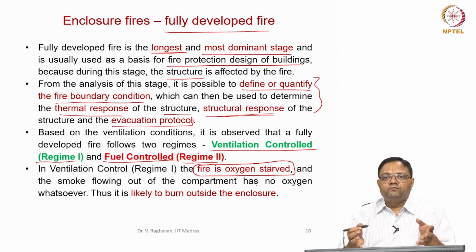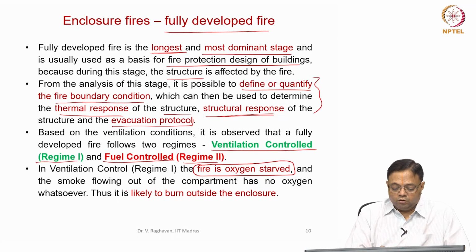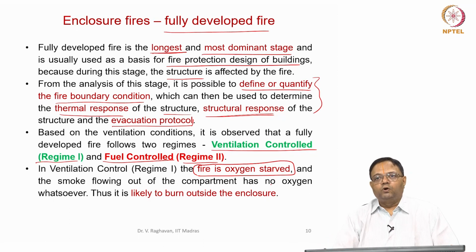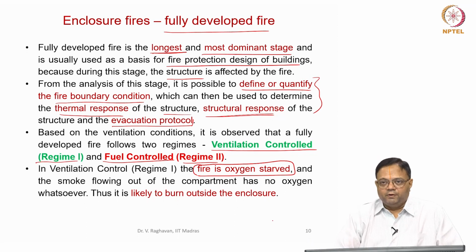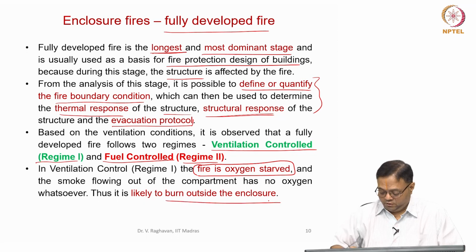It is just burning with available oxygen, but more oxygen is required. Okay, the smoke flowing out of the compartment has no oxygen, etc., because only fuel rich gases which need more oxygen flow out in this stage. That means these gases will burn outside the enclosure.